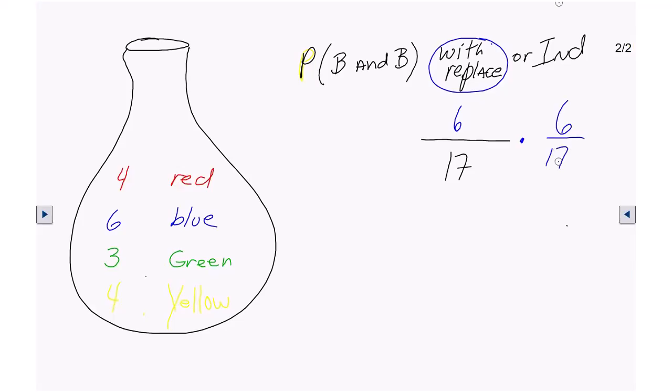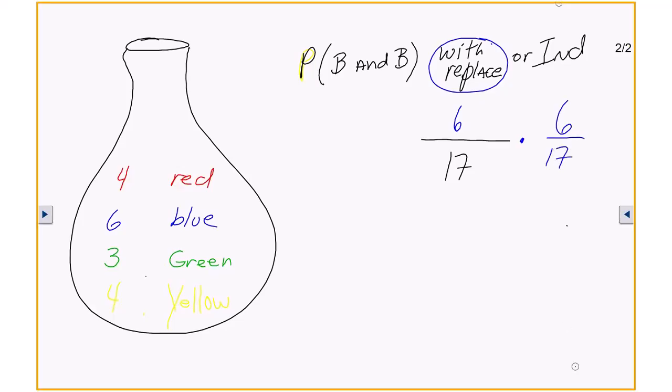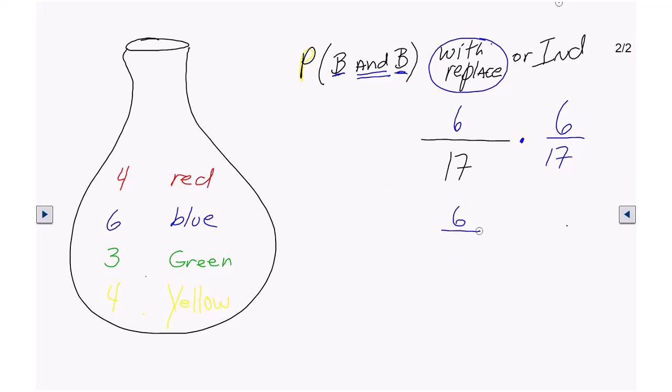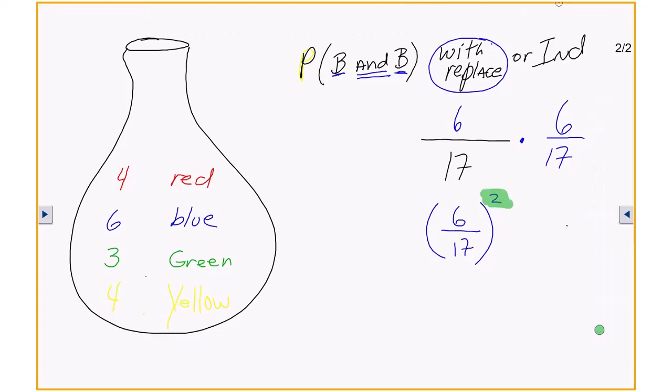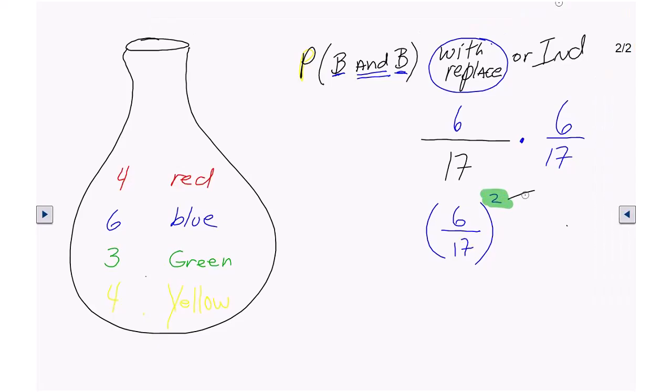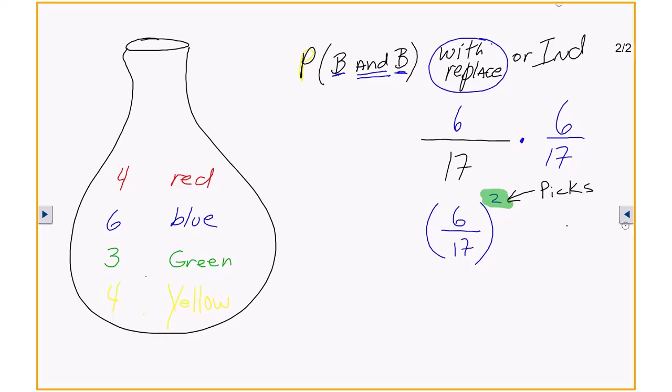6 out of 17. So in essence, when we're asking multiplicative law and we've got 2 choices, I can just raise 6 over 17 to the second power. Then you highlight that second, and that means picks. If I said, what is the probability of three blue marbles, then it would be 6 over 17 to the third power.